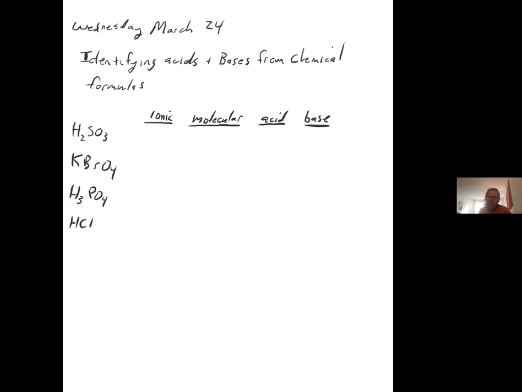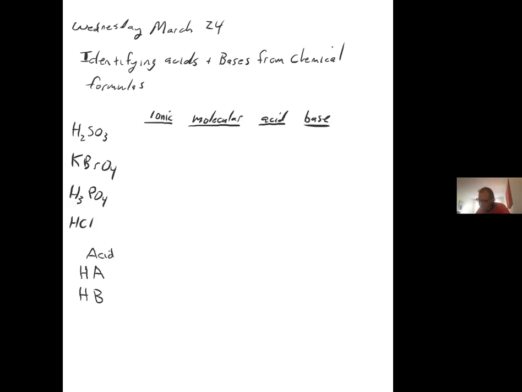A lot of it comes from your experience working with these substances, but here is one approach. When you look at the chemical formula, if you see a hydrogen followed by something else, for example, HA or HB, typically that's an acid.